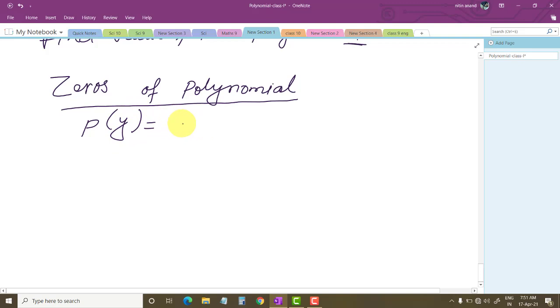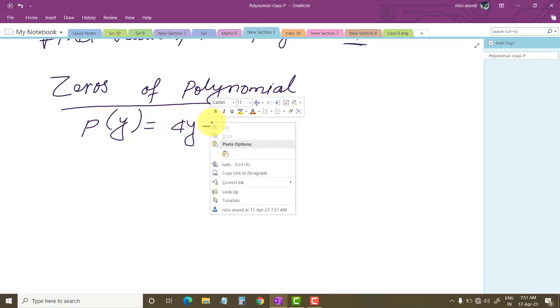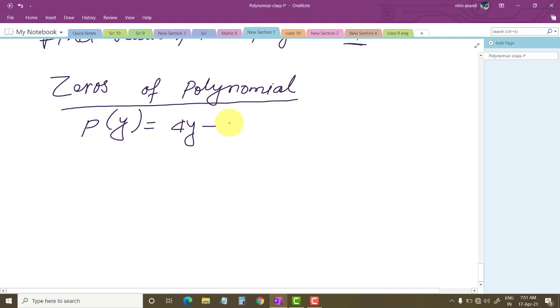Suppose p(y) is 4y minus 12. This is our polynomial.